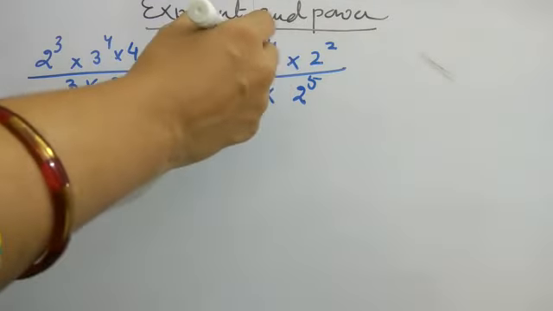Okay. Now 2 to the power 5, 2 to the power 5 will cancel. This is 3 to the power 4 upon 3, and with the same base they are being divided. So this is 4 minus 1, 3 to the power 3, and 3 3s are 9, 3s are 27 is the answer.